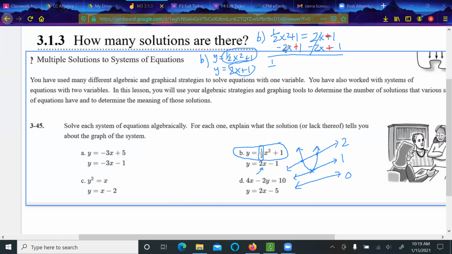All right, and so we have what? 1/2 x squared minus 2x, and then 1 plus 1 is plus 2 equals 0. Okay, we need to solve this. Factoring would be nice. Is there a way to get rid of this 1/2? Because we don't like fractions in front of the x squared. So what could we do?